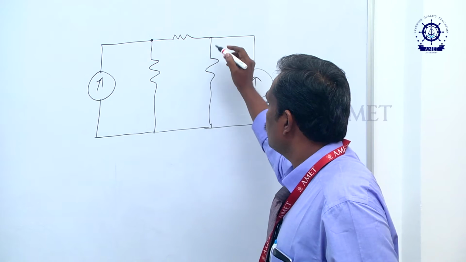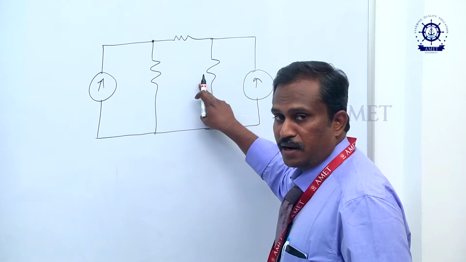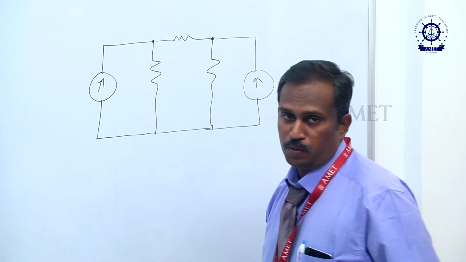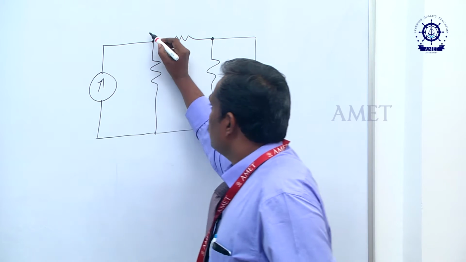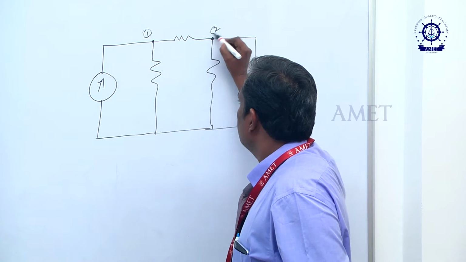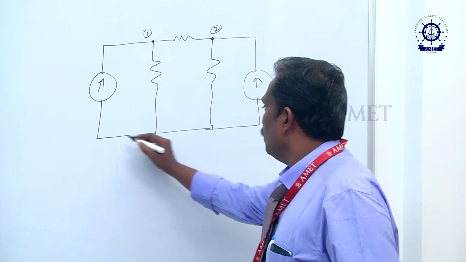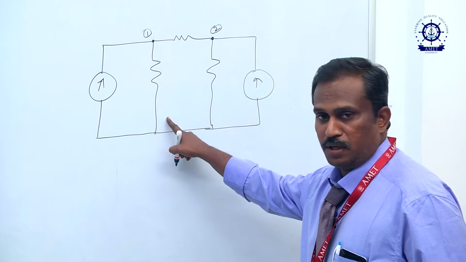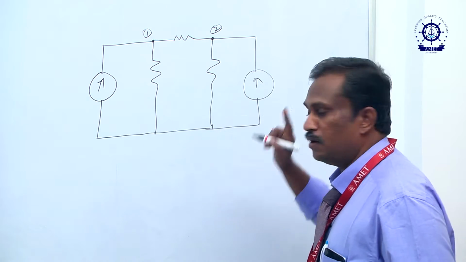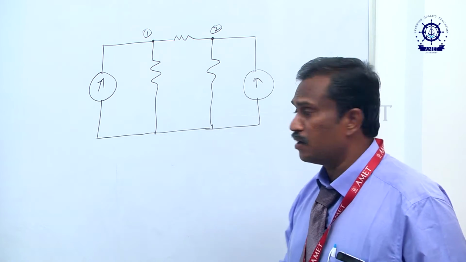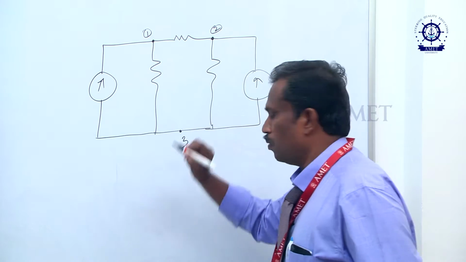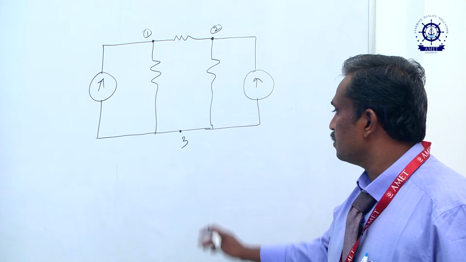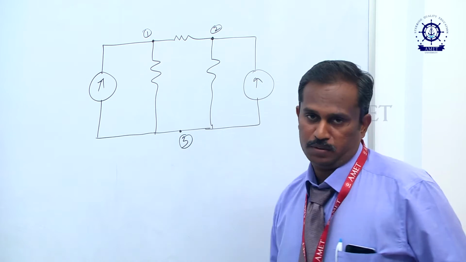If we take here also, this resistor and this resistor are connected and the current source is also connected at this point. So this is node 1 and this is node 2. And here more than 3 elements are connected: one current source, one resistor, another resistor and a current source. So 4 elements are connected at this common point. So this is considered as the third node.